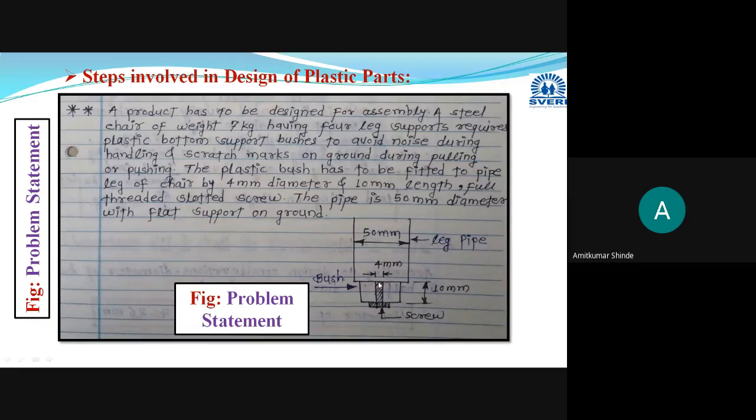They have provided the dimensions of this screw: 4 millimeter diameter and 10 millimeter length. The plastic bush has to be fitted to the pipe leg of the chair by a 4 millimeter diameter and 10 millimeter length, full threaded slotted screw. With the help of this screw, we are going to attach that bush to the leg of the chair.